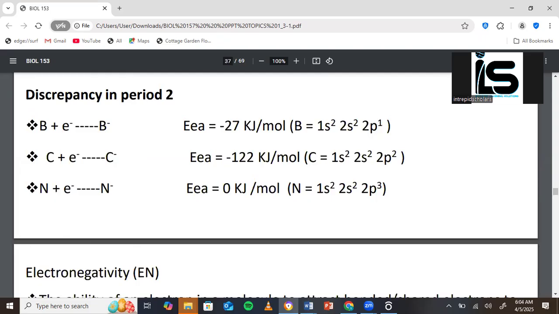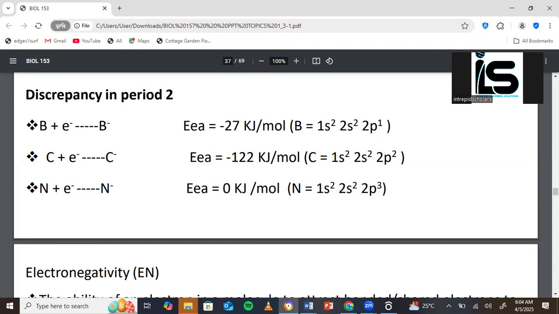Now, these are other discrepancies that we have observed. Boron: if you're adding an electron to boron, you will get negative 27 kilojoule per mole. Now, if you are doing that to carbon, you get negative 122, right? And then if you are doing that to nitrogen, you get 0 kilojoule per mole.